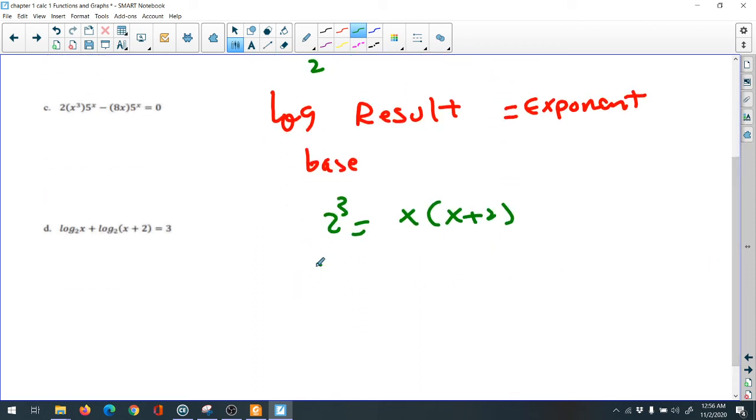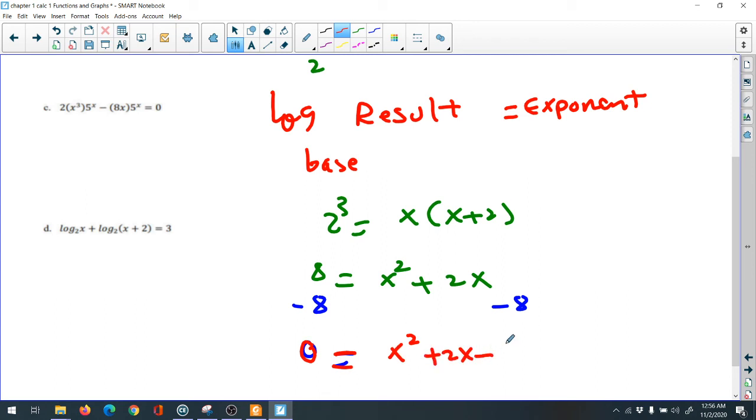So 2 to the third is 8, and if you distribute, x times x is x squared, plus x times 2 is 2x. So let's subtract 8 from both sides. Then this will be 0. 0 equals x squared plus 2x minus 8.